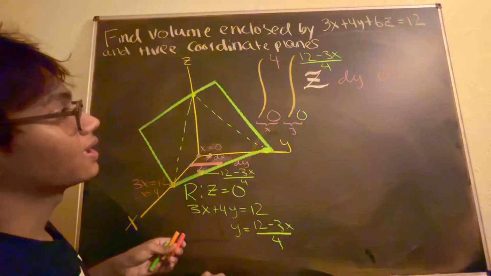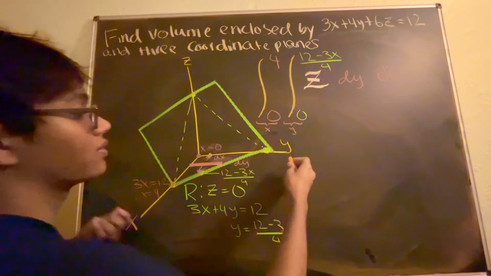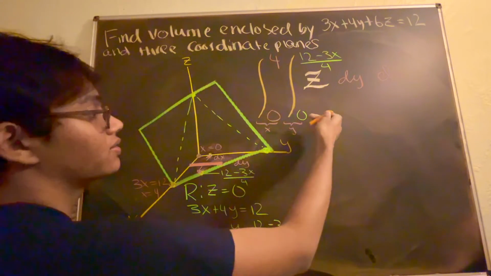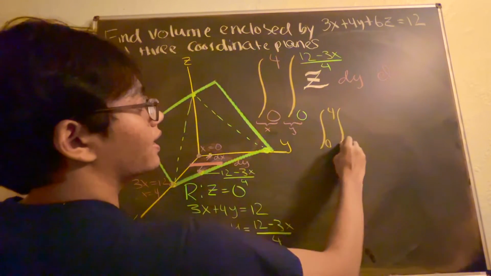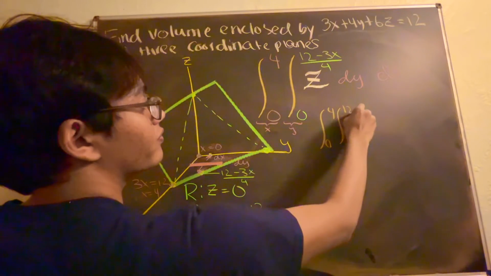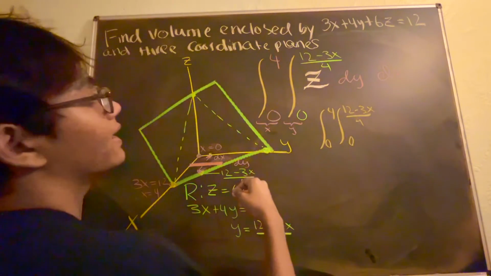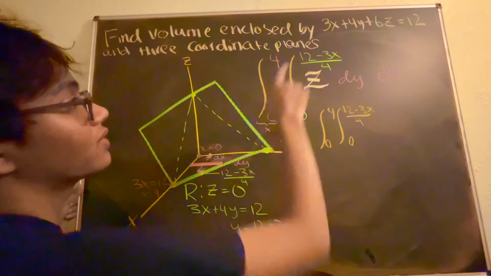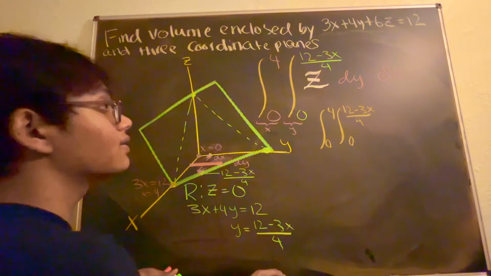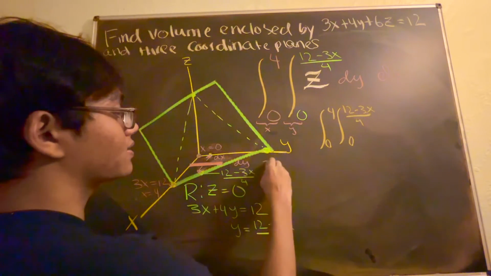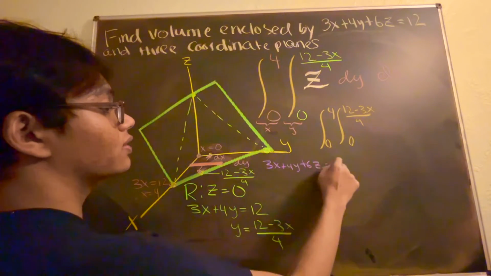So I'm going to have my double integral from 0 to 4, and from 0 to 12 minus 3x over 4. And what is my z? I have to express z in terms of x and y. I'm going to write 3x plus 4y plus 6z equals 12.